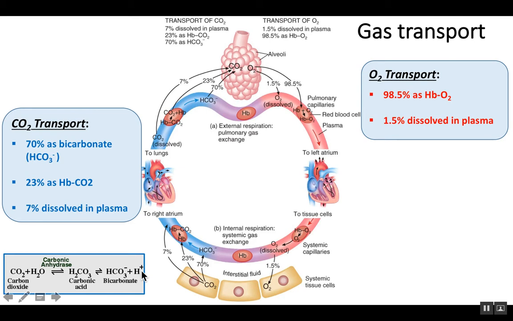One, it lowers the pH of this environment. Two, that hydrogen ion is one reason that hemoglobin releases oxygen. When this hemoglobin enters these systemic capillaries, these hydrogen ions bind to the hemoglobin and lower the affinity. And then hemoglobin releases that oxygen.